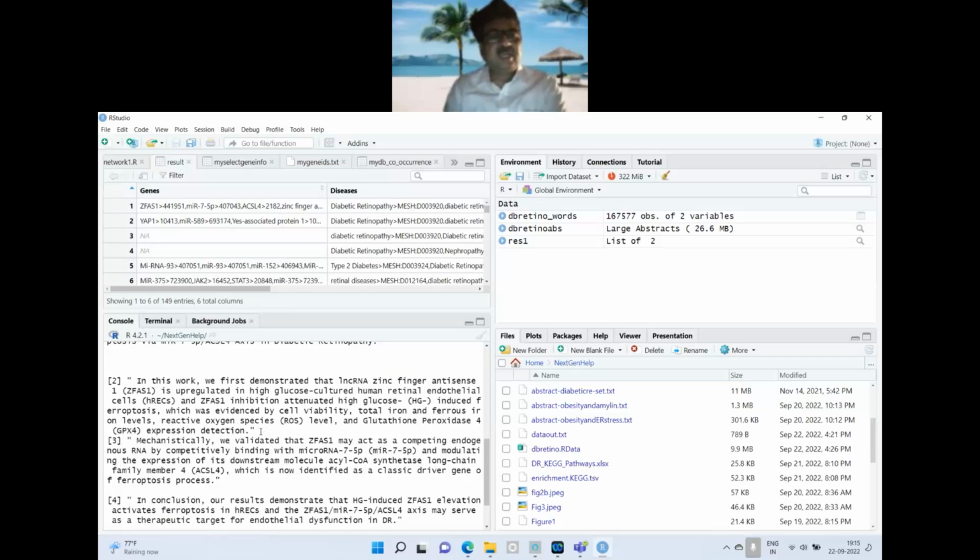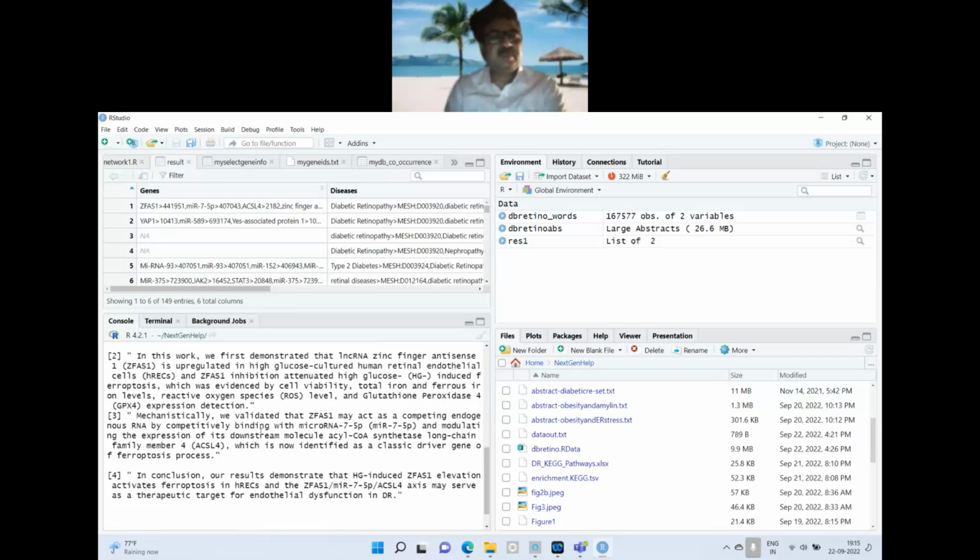Then come the other sentences, which basically describe their work done.